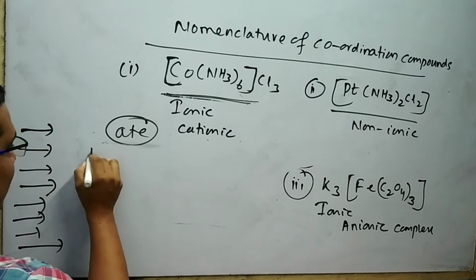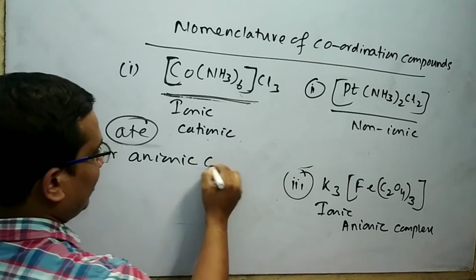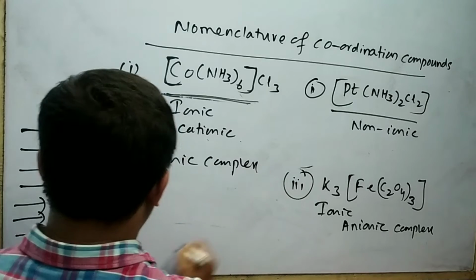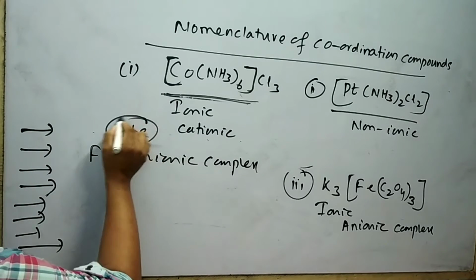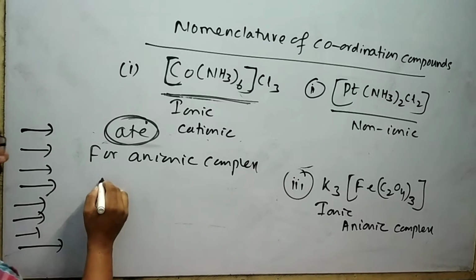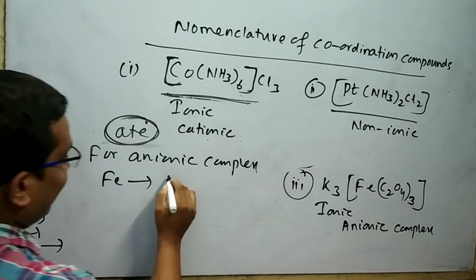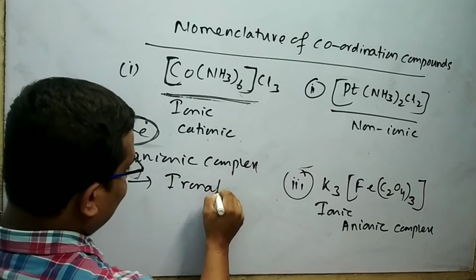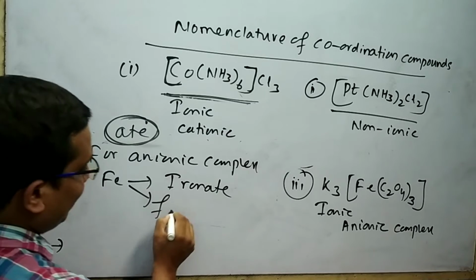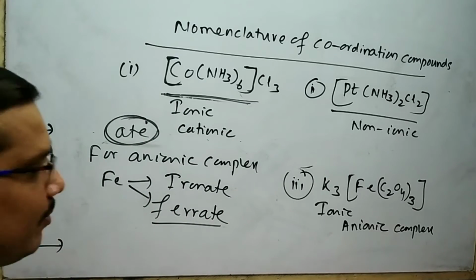For example, for an anionic complex, we use the word ate with the Latin name of the central metal atom. For example, iron: we cannot write ironate, it is bound to write ferrate. The word ferrate comes from ferrum.